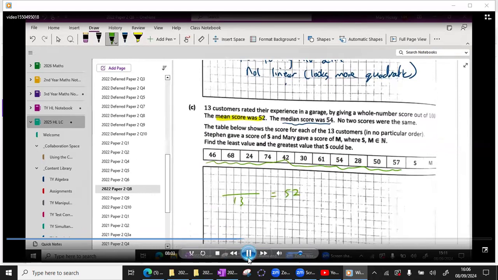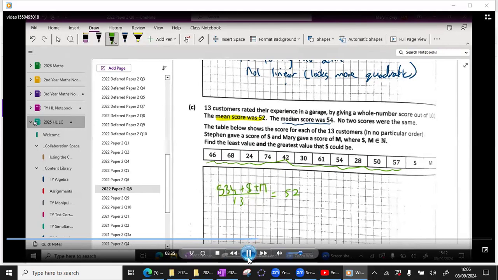So on my calculator, I'm going 46 plus 68 plus 24 plus 74 plus 42 plus 30 plus 61, 54, 28, 50, 57. So that's as much as I can find out. So that's 534 plus S plus M. So they're all of them that add to 52.